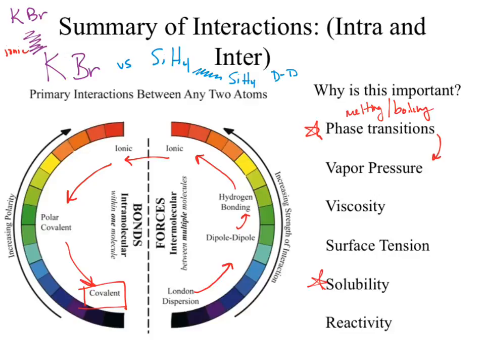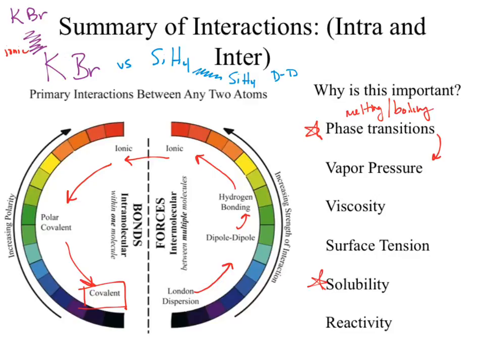Questions on determining the dipole-dipole force? Do you think you got that? Okay. Which of those two forces is stronger, ionic or dipole-dipole? Ionic, which means KBr molecules are holding with a very strong force against each other.